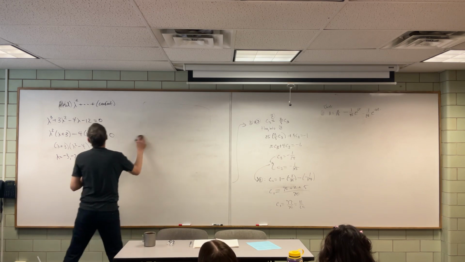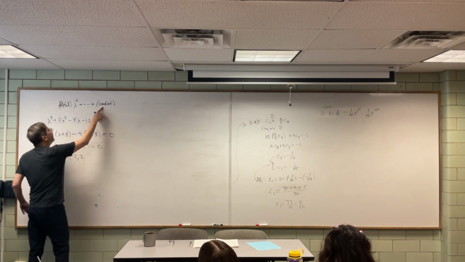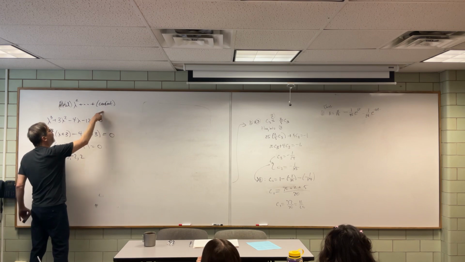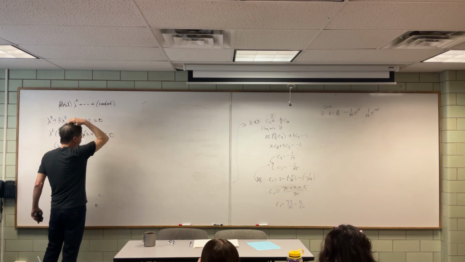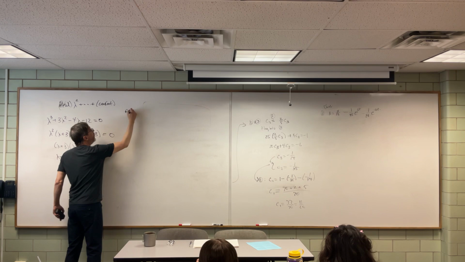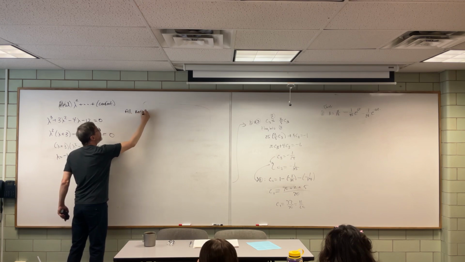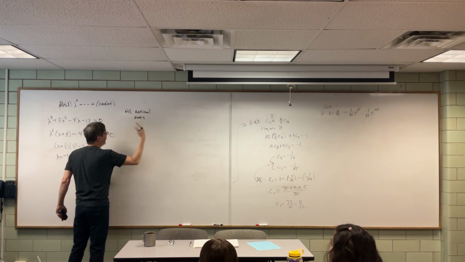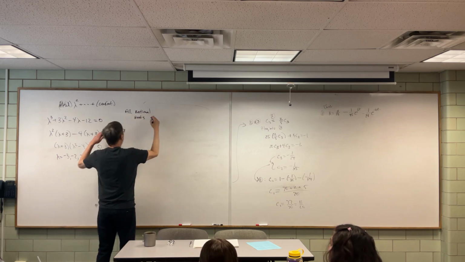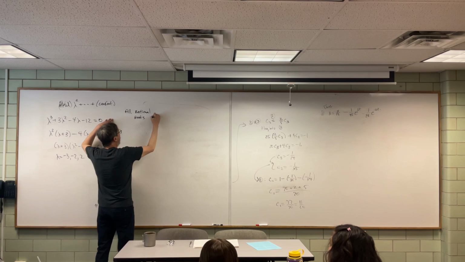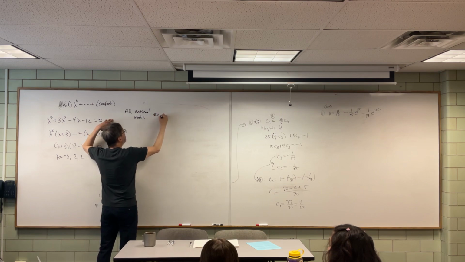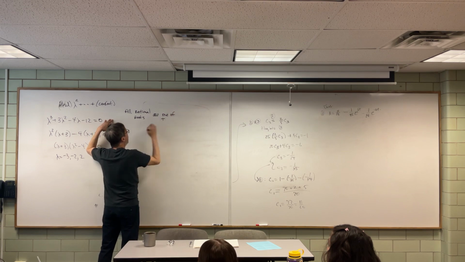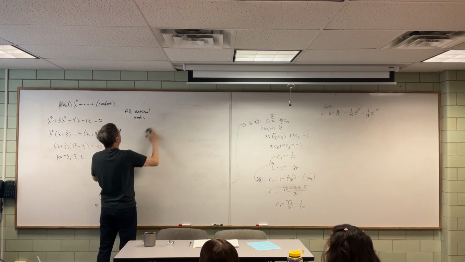But one of the laws is that any possible root, if this thing has real roots that are rational, so all rational roots, this doesn't cover square roots of 2s and square roots of 3s and stuff like that, but all rational roots come from this set.